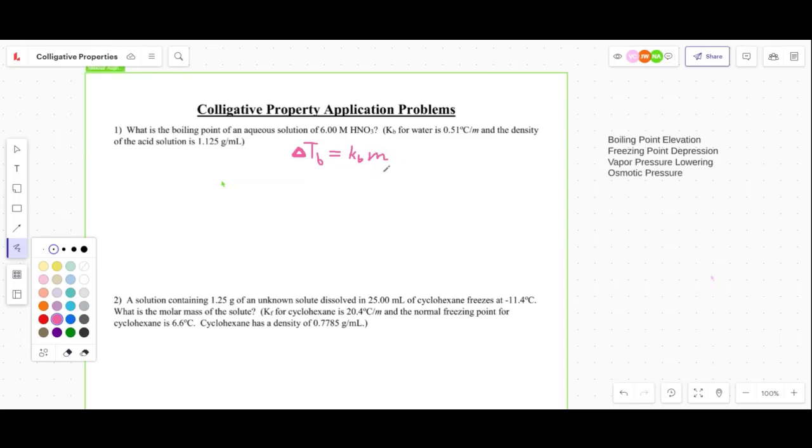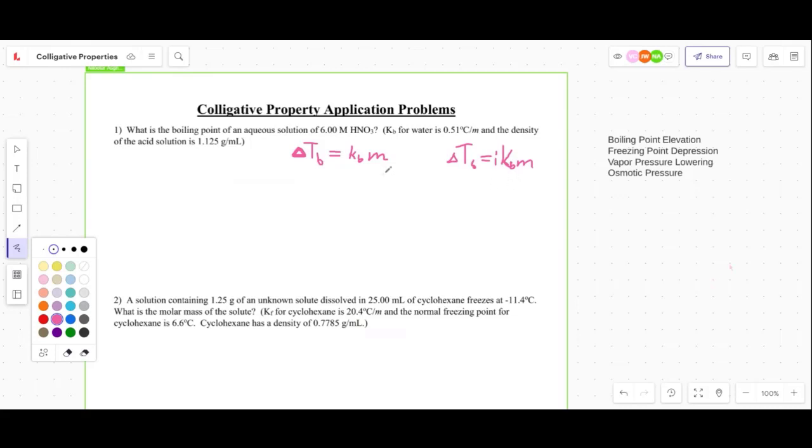Alternatively, you may see this written as delta TB is equal to i KBM. Sometimes it's a capital K, KBM.